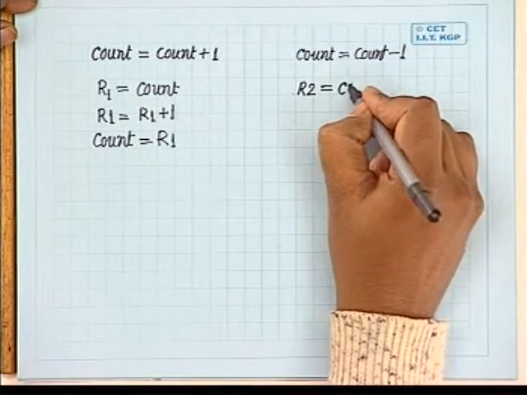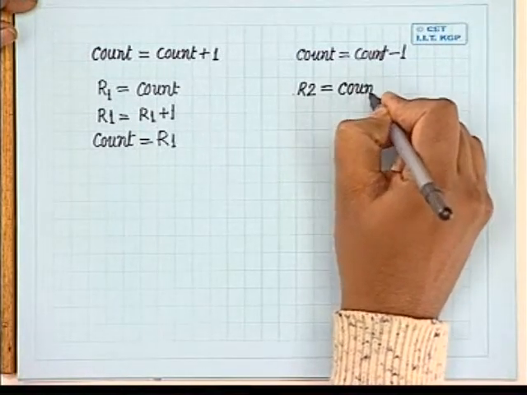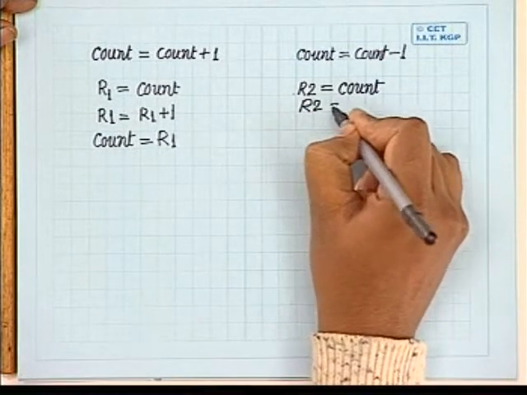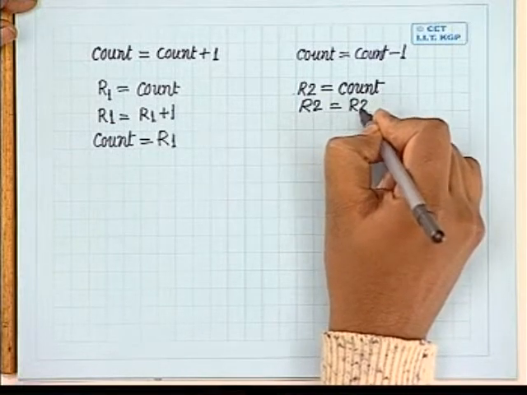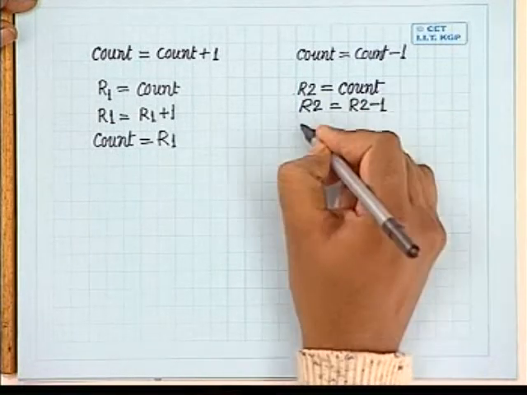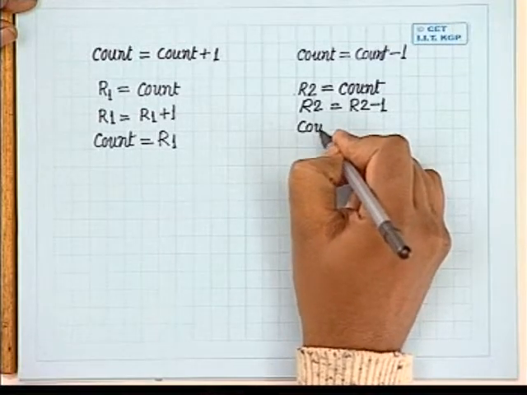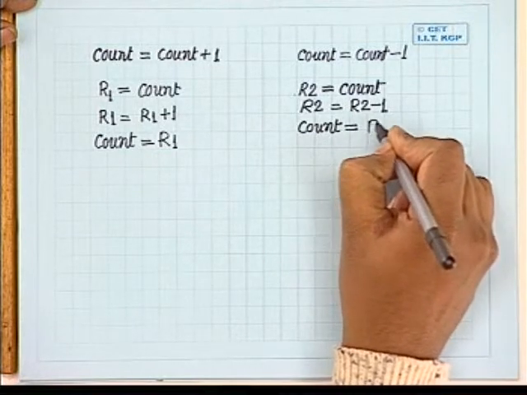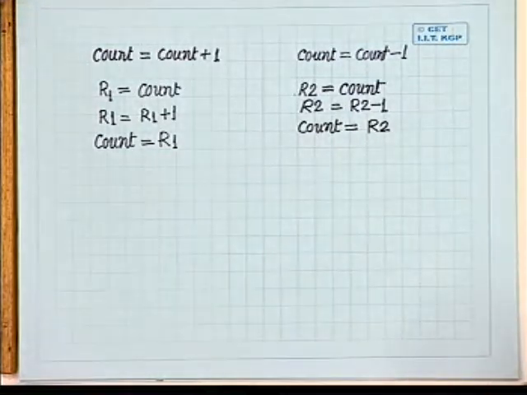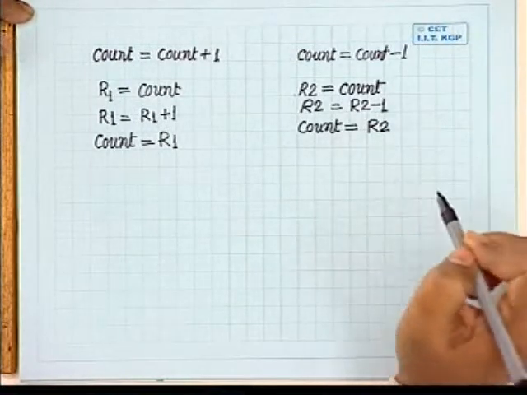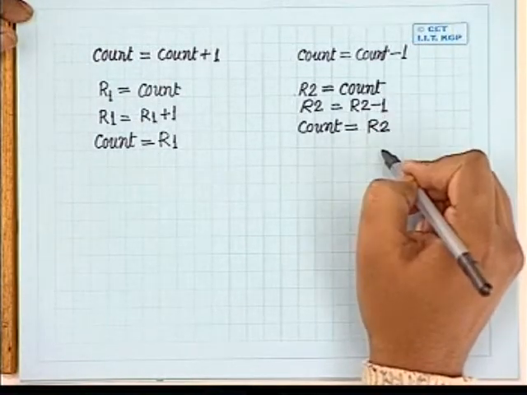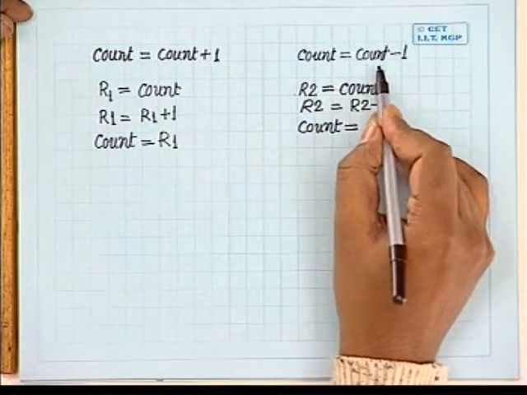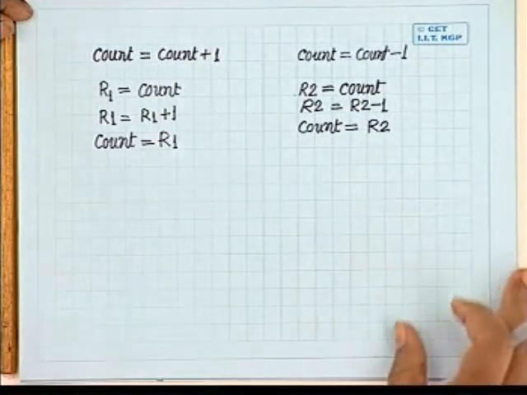So the operations that will be performed are R2 equal to count, then R2 is decremented by 1, and finally this decremented value of R2 is written back into the memory location assigned to count. So these are the three assembly language statements which will be executed in sequence to give you decrementation of variable count by 1.